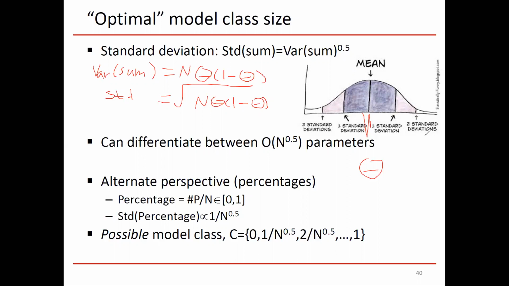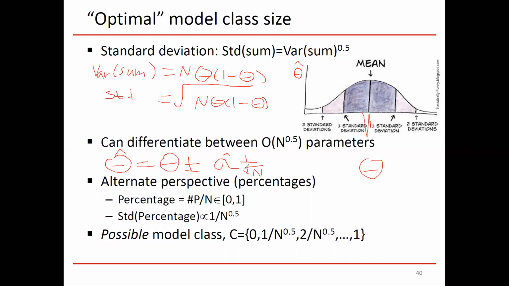So now we have the true theta, but the empirical theta, theta hat, is centered around theta. So theta hat is equal to theta plus or minus something that's proportional to 1 over the square root of n.